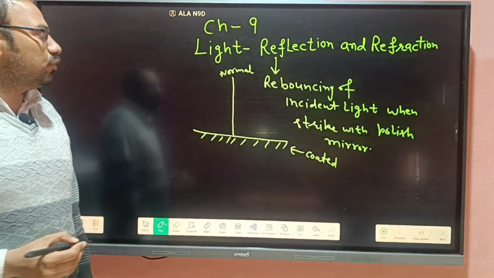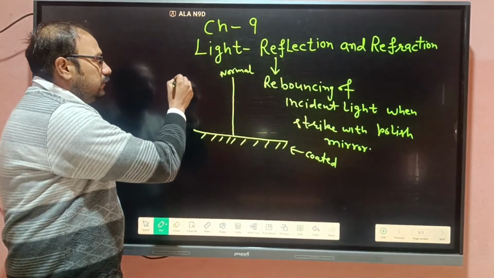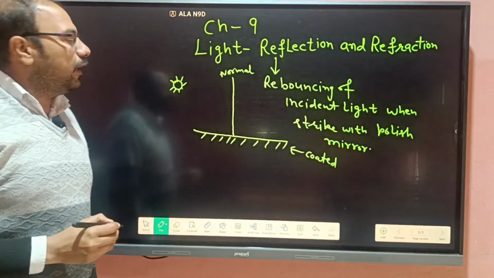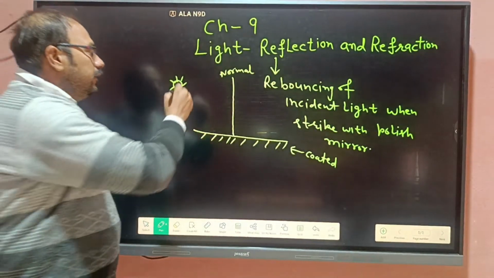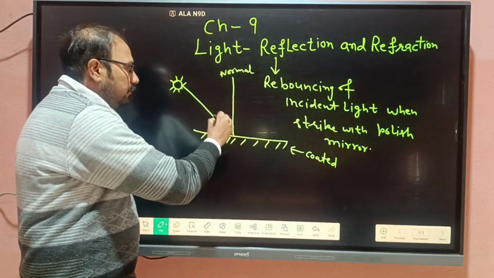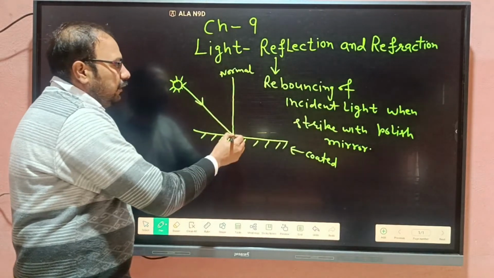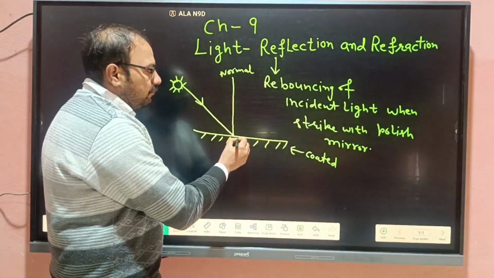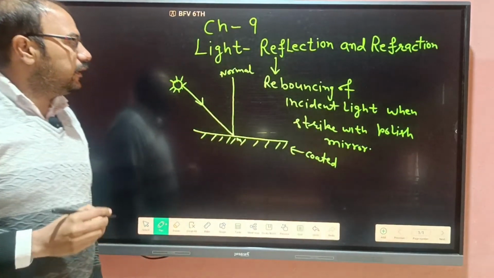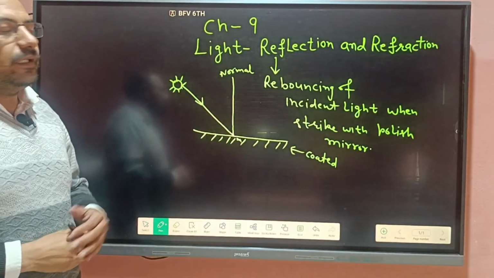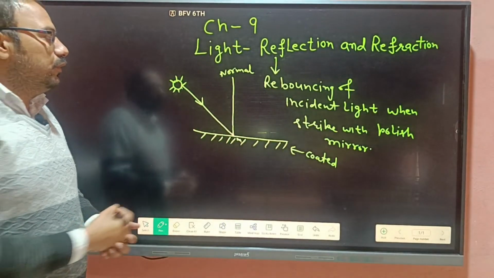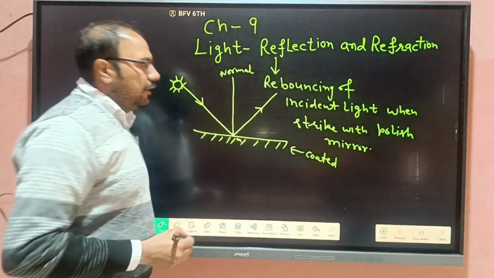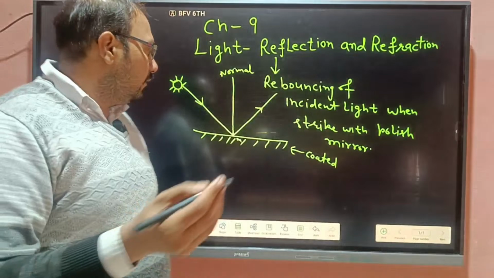Here we take a source of light that produces a ray of light, and this ray of light is incident on this point, say M. When incident light strikes the object, it rebounds in the same medium. This light rebounds, and this is known as the reflected light.